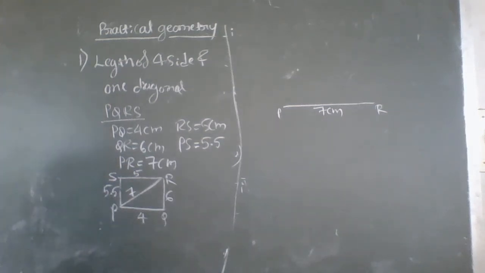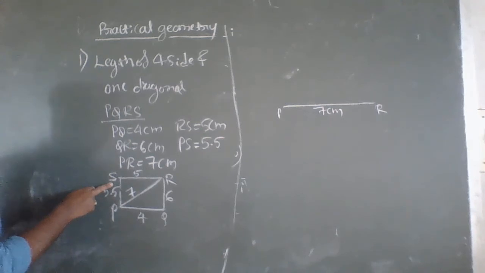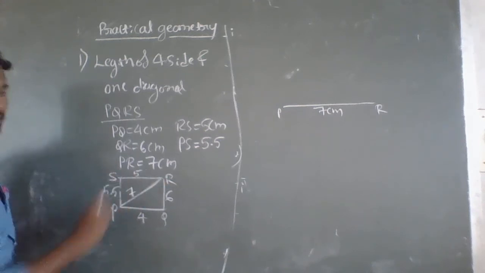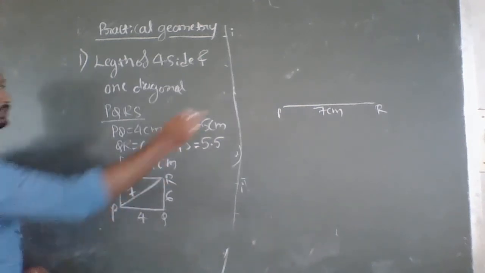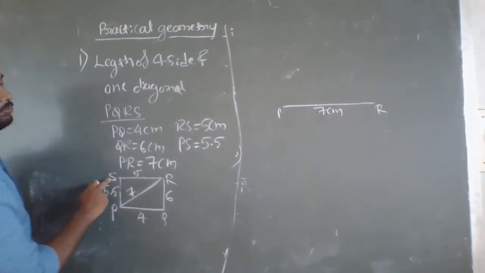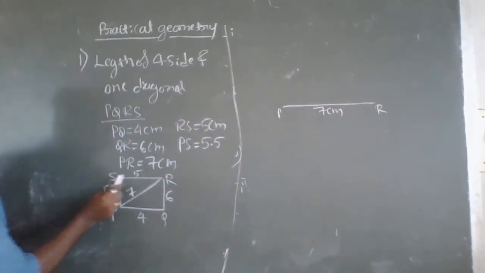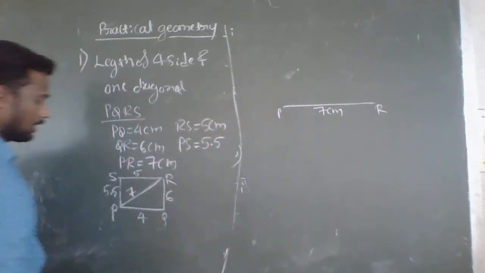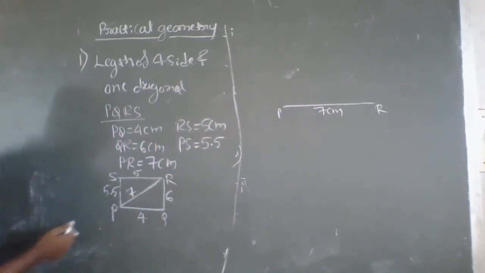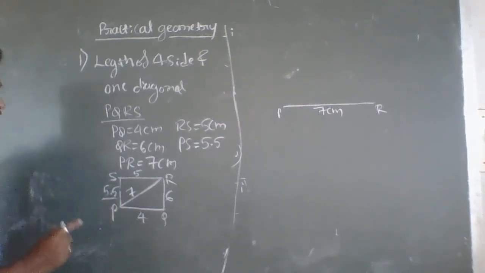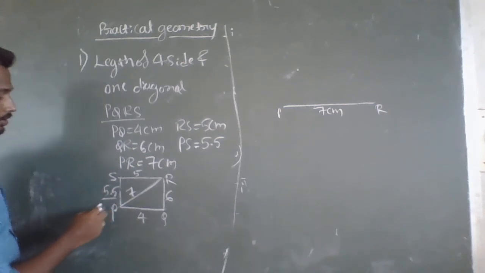Now S is 5.5 centimeters from P and 5 centimeters from R. In this diagram S will come on the top side of PR. First I will take a measurement of 5.5 centimeters in the compass.